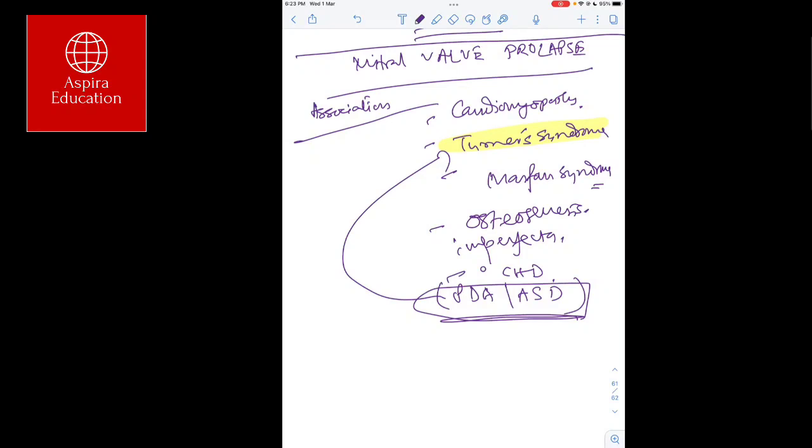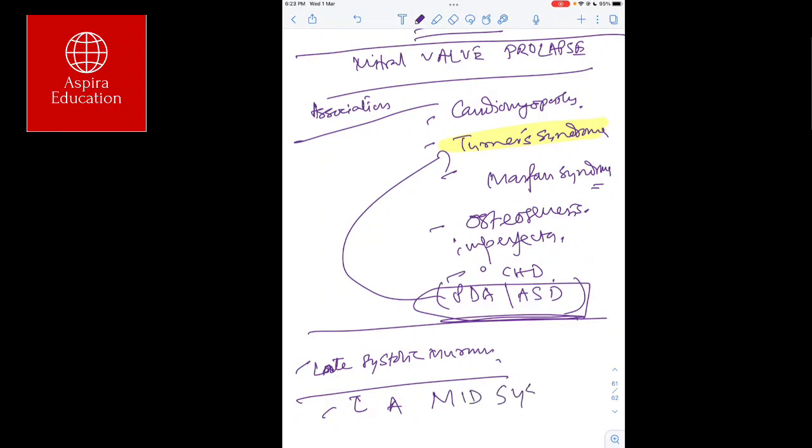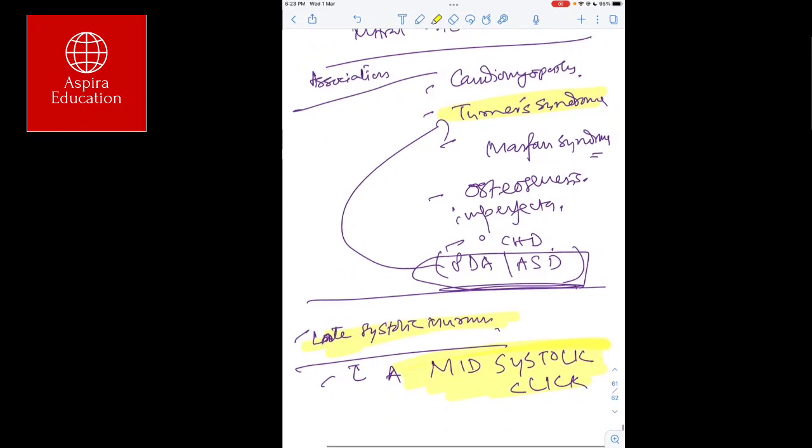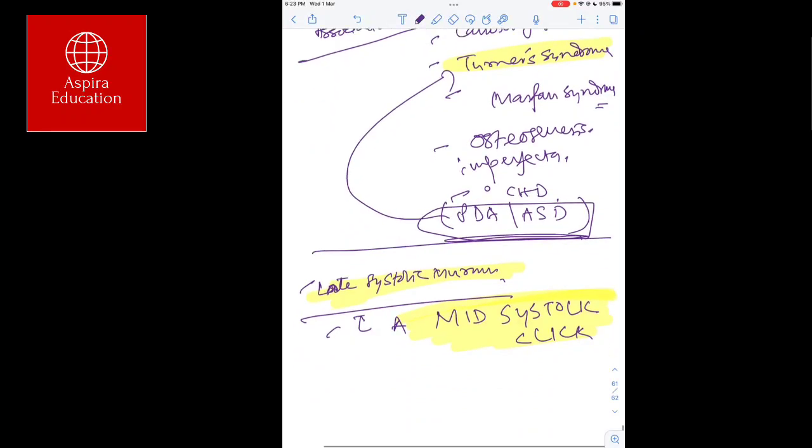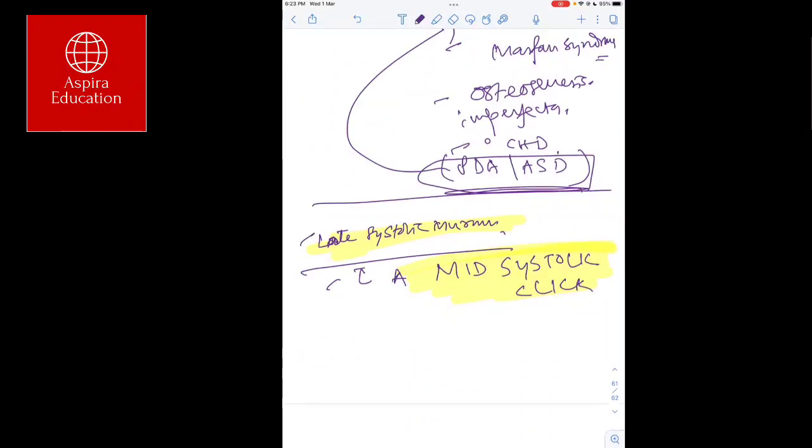What will be the telltale sign of mitral valve prolapse? The patient will have a late systolic murmur, that's one, and a mid-systolic click. These two are again very important. Try to find these two phrases in the question, from where you can identify whether it's a mitral valve prolapse.